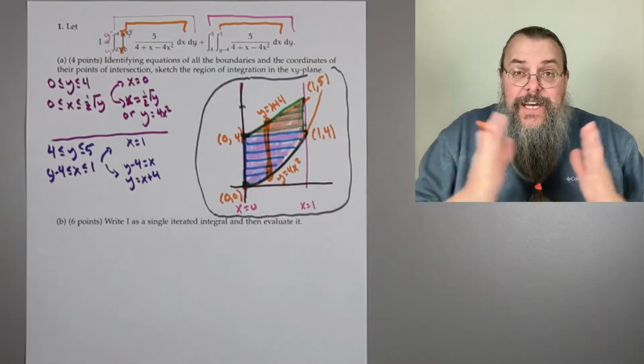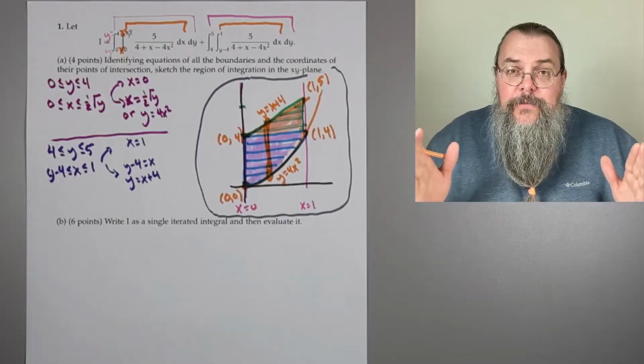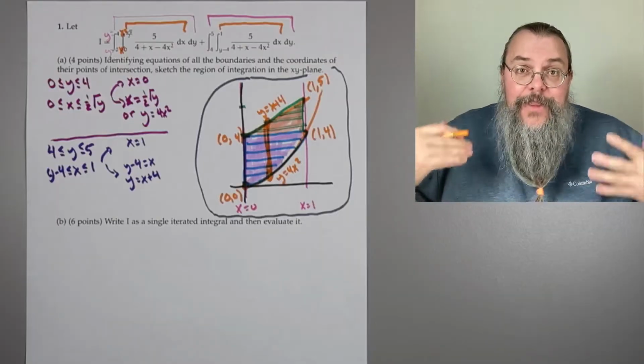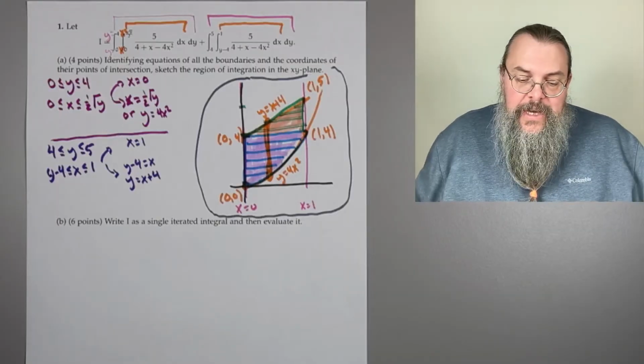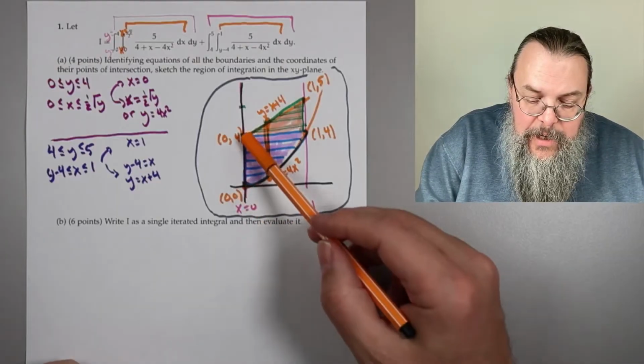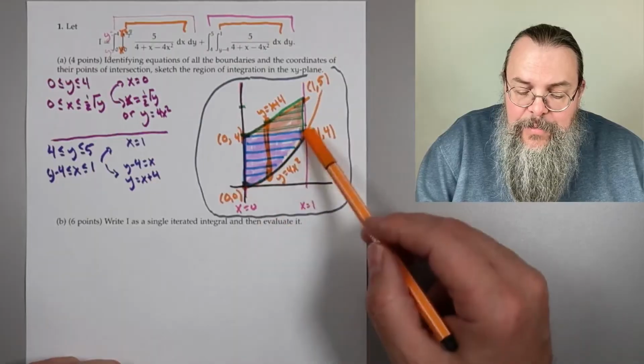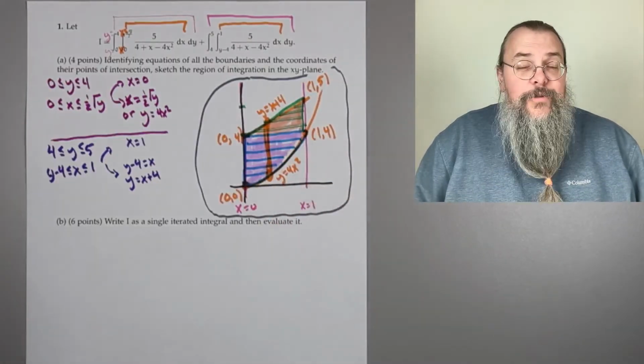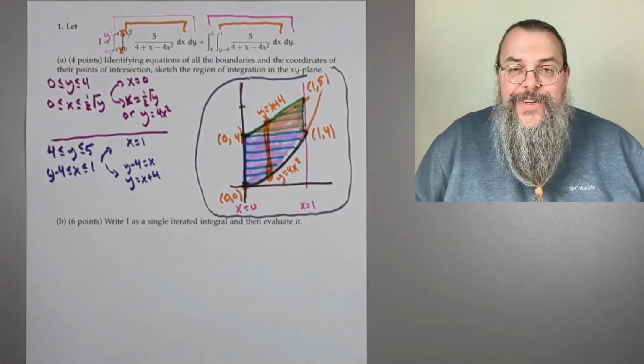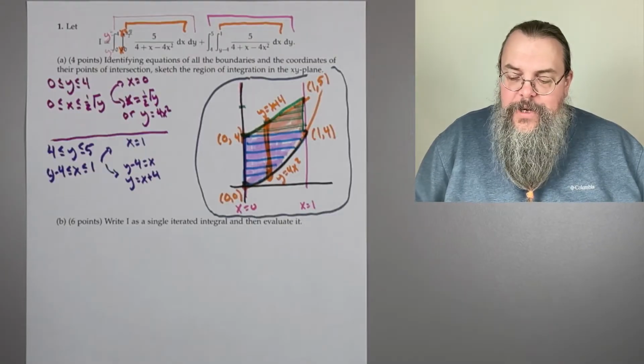If the answer is yes over the whole range of values for x, then yeah, this is something that we can do. And you'll see that we do have a consistent top curve, y equals x plus 4, and a consistent bottom curve, y equals 4x squared. So we are good to go in terms of writing it as one integral.